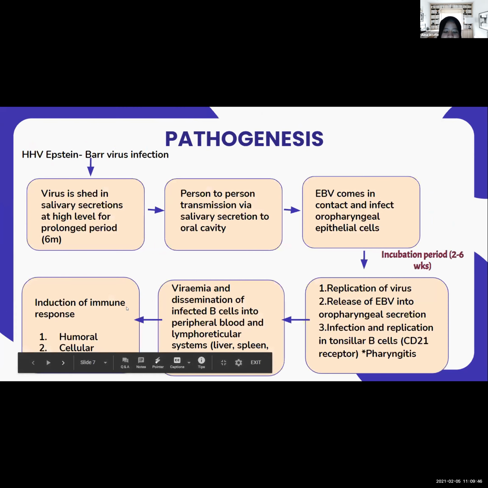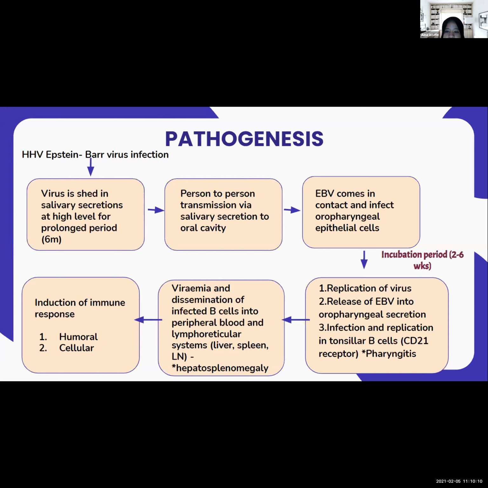Okay, next is the pathogenesis. It starts with person-to-person transmission via salivary secretion to the oral cavity of the other person. Hence, it is called the kissing disease. The EBV will come in contact with and infect the oropharyngeal epithelial cells, which allows replication of the virus inside the cells.